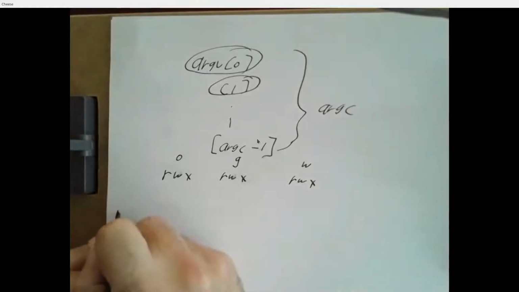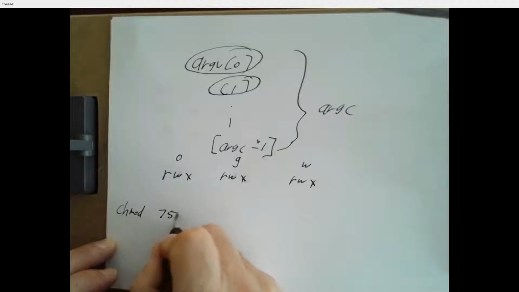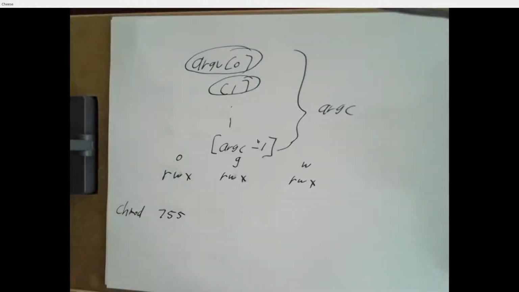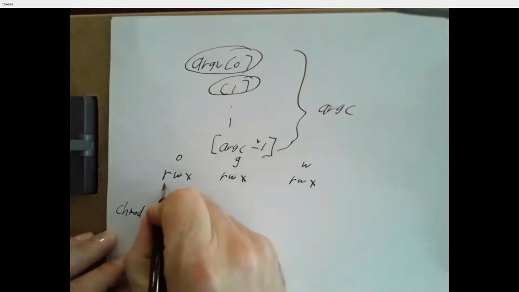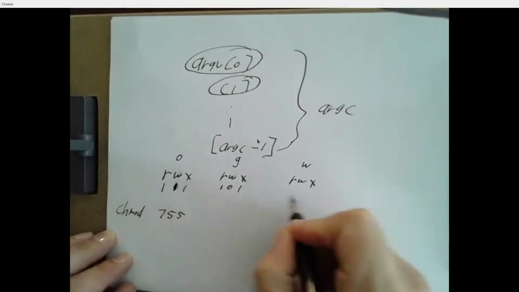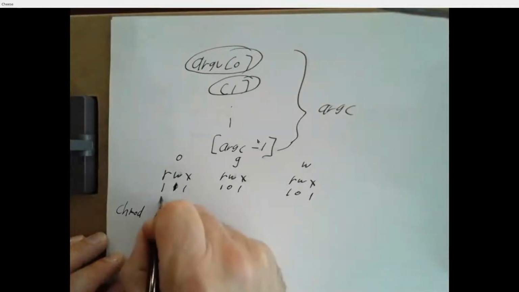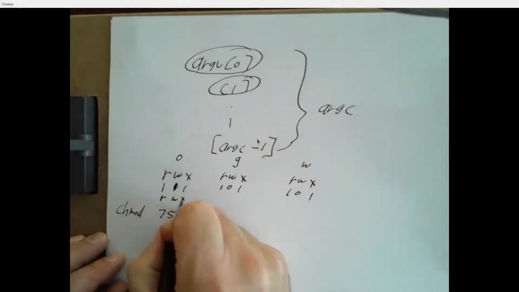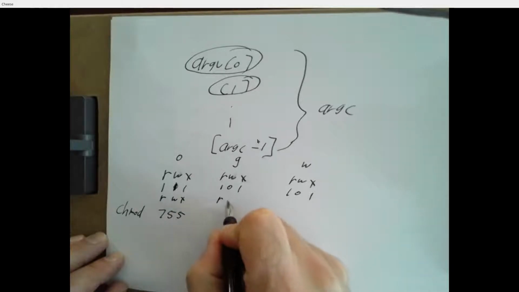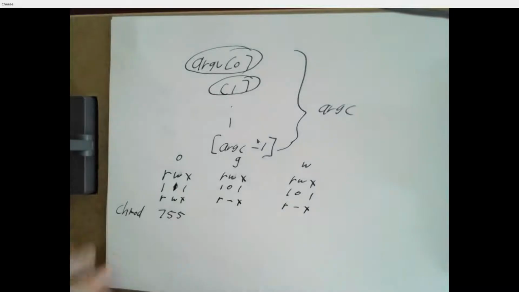And when we say chmod, and we put in some magic 3-digit octal number, you can write each of those in binary. There's 7, there's 7, there's 5, there's 5. That corresponds to read access, write access, execute access, read access, no write access, execute, read, no write, execute.